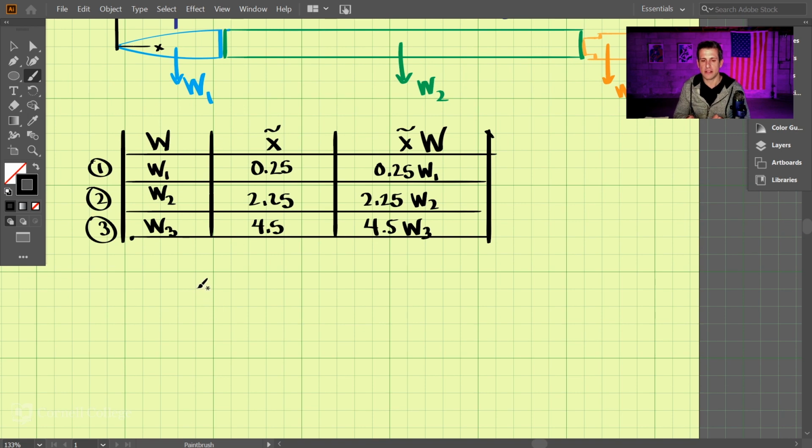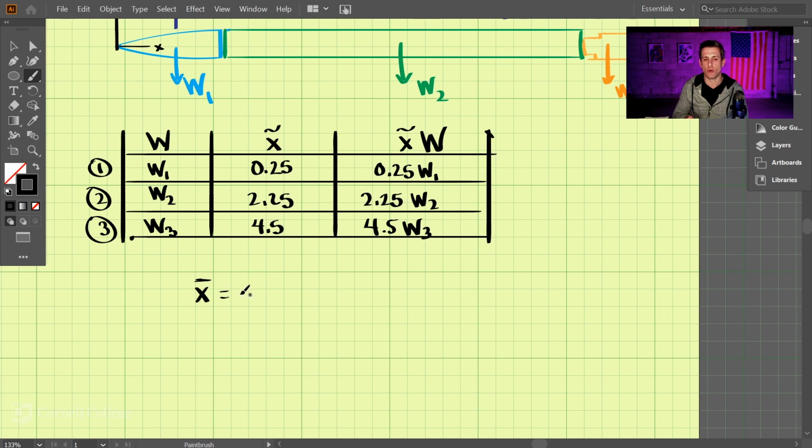To find the center of gravity, which often, if it's the X direction, we put a bar on top. Many times in mathematical calculations, a bar on the top means an average, okay? And it's kind of like we're doing an average here. We're trying to find the center of gravity, which is kind of the average location of the weight, all right?